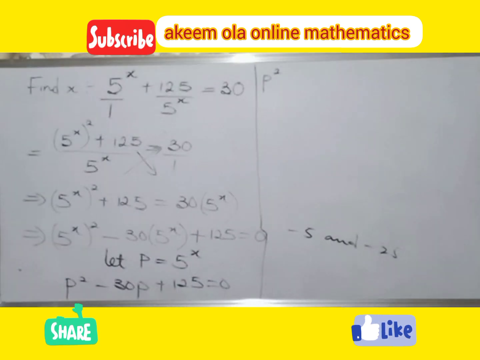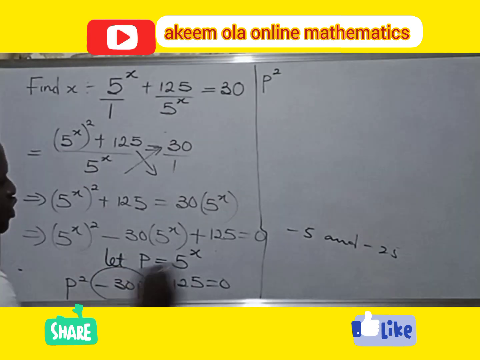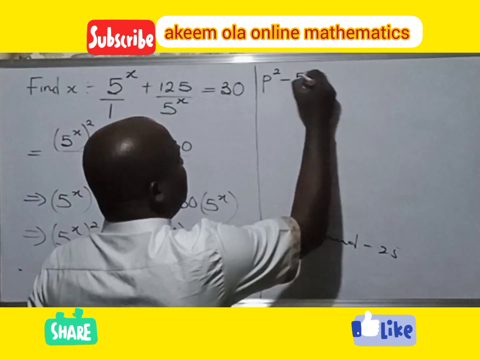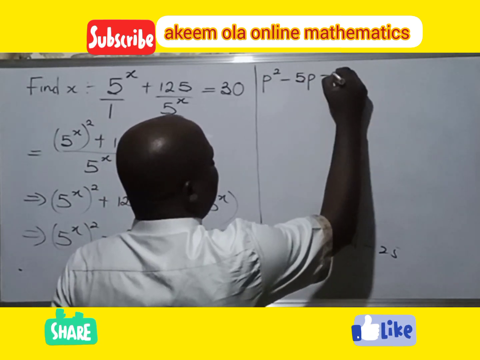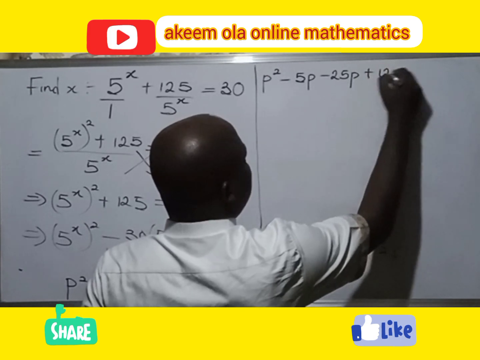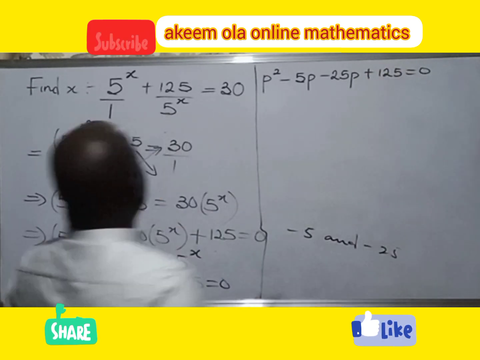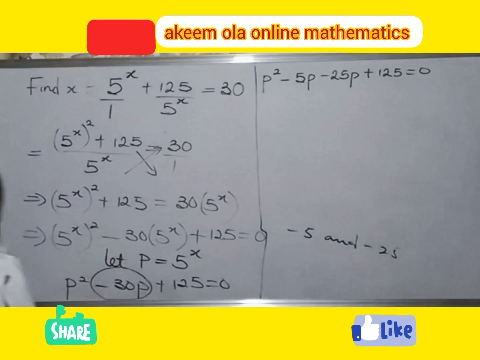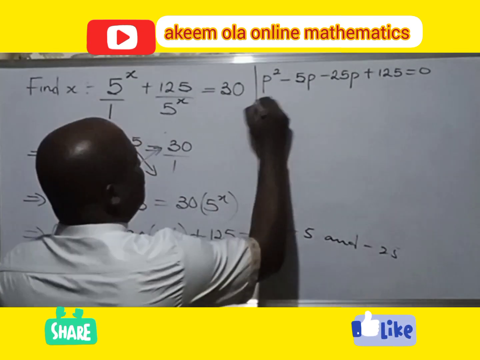So I will now replace this minus 30p with these two numbers. If you do that, you have p squared minus 5p minus 25p, then plus 125 is equal to 0. From here now, we can pair them, the first two and the last two. If you pair the first one, what is common?